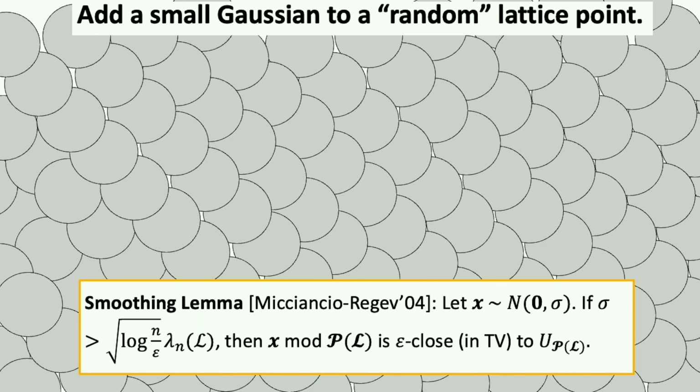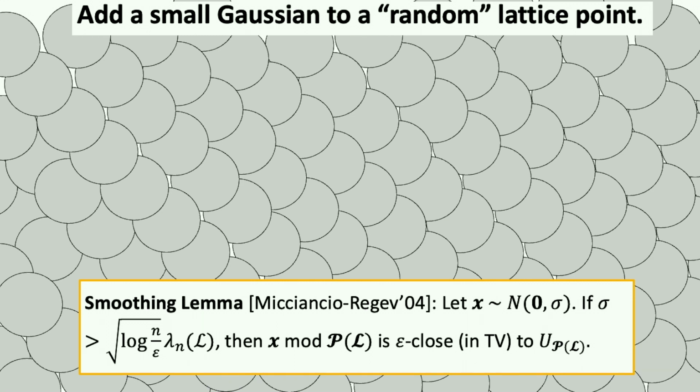You increase it to half the shortest vector, and then it starts covering each line in the lattice, in each direction. Then you increase it to the length of the nth linearly independent shortest vector, and it seems to cover everything.